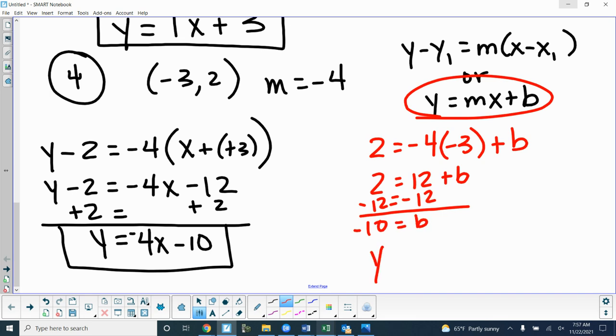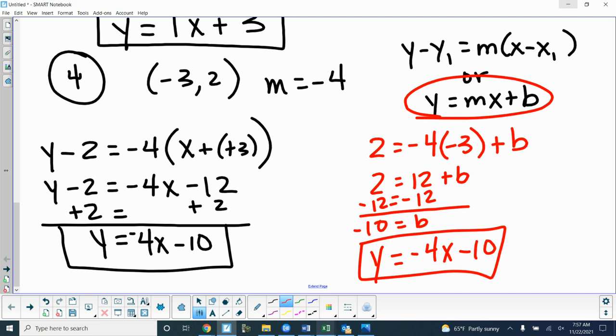So your equation is y equals -4 for m, x, and then b is -10, so you put -10. You get the same answer. Okay? You can do either method, whichever you've been working on or more comfortable with. Questions? Simple, right?